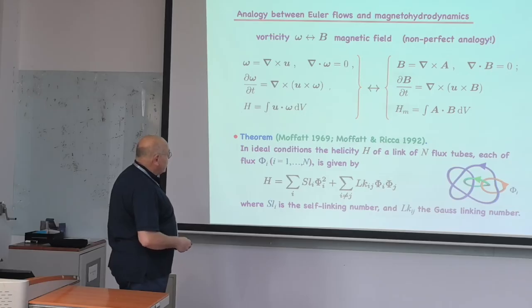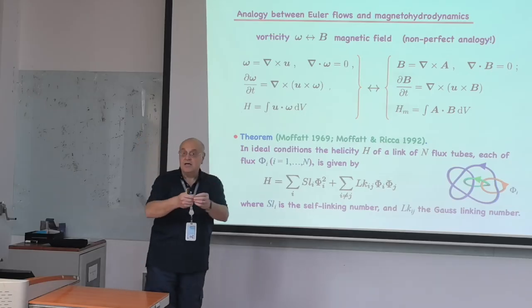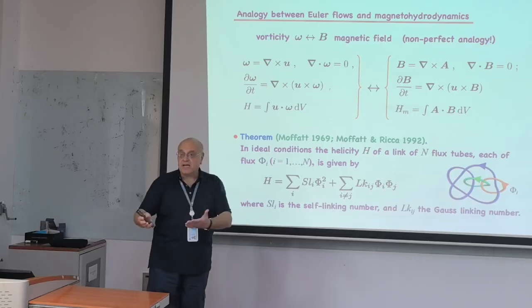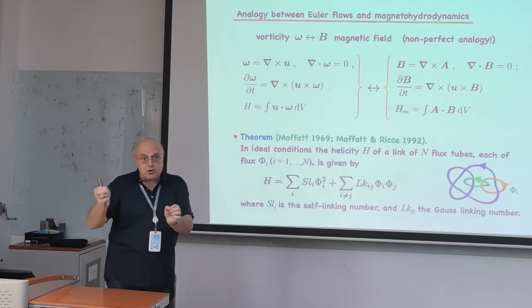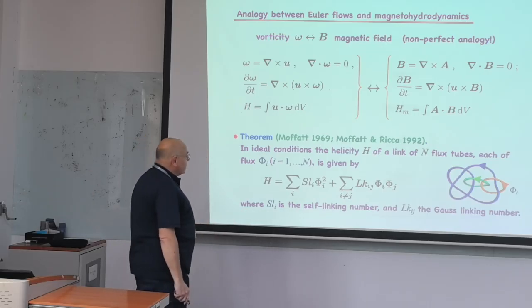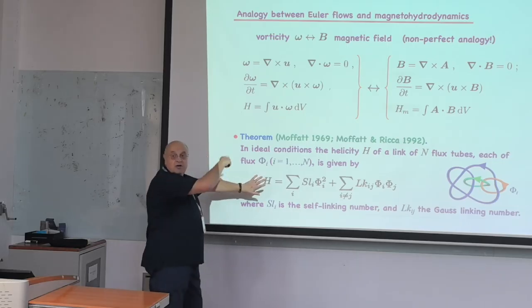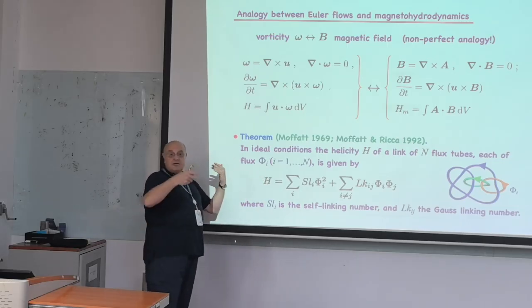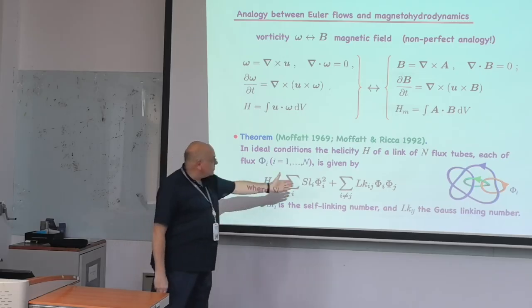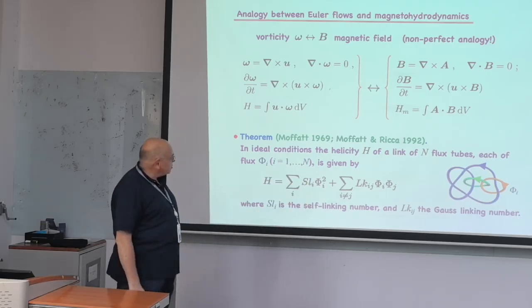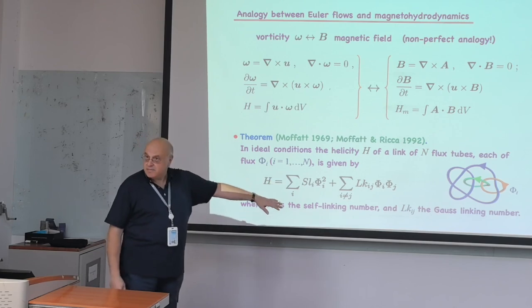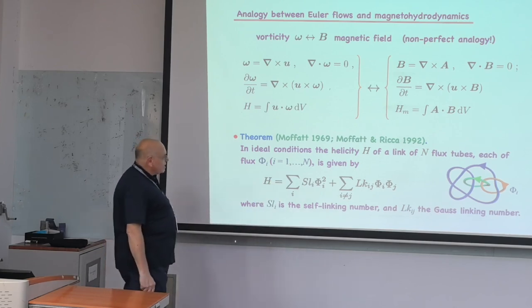And if the field, whatever it is, vorticity or magnetic, is confined in tubular structures, then we can rewrite the integral that you just saw in terms of this expression. And this expression, I'll tell you a little bit about it because it's quite nice.